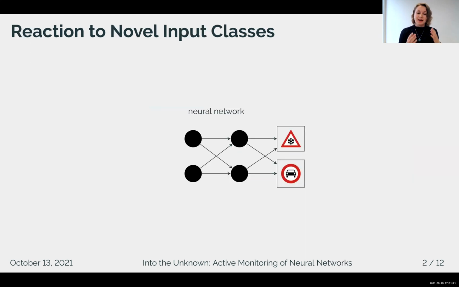So first of all, how a common neural network reacts to novel input classes. Let's look at this one here, which looks very simple. We have an input layer, we have some output layer. And let's say this is a very schematic representation of a simple neural network that learned to differentiate between two traffic signs. This is an icy road and cars prohibited in the area, if I'm not mistaken.